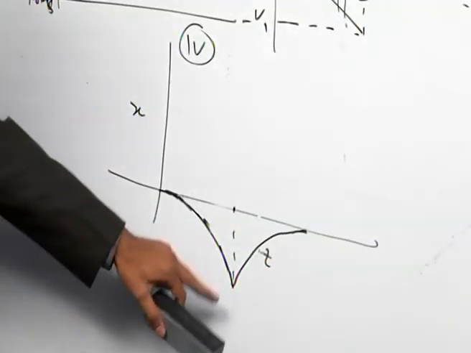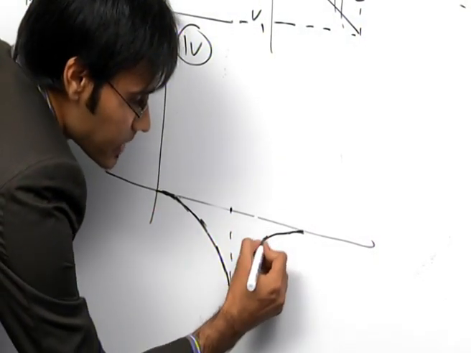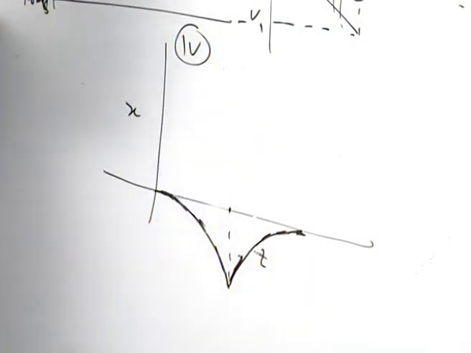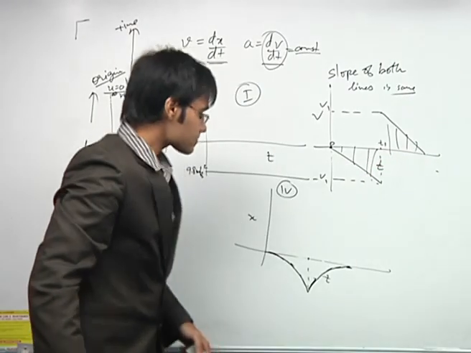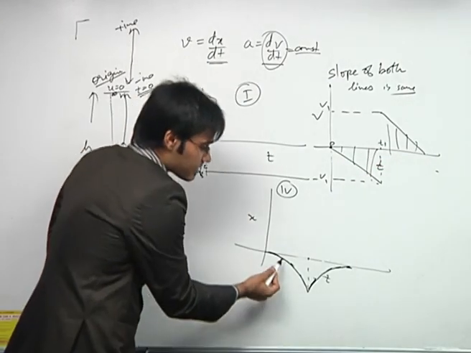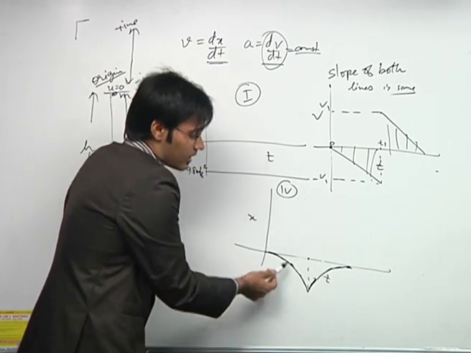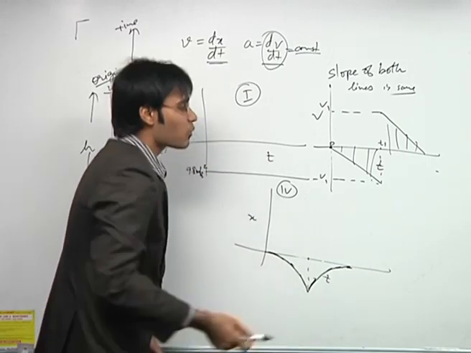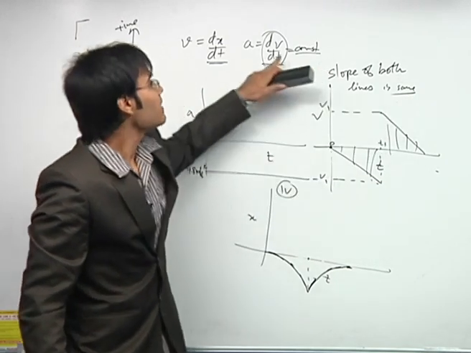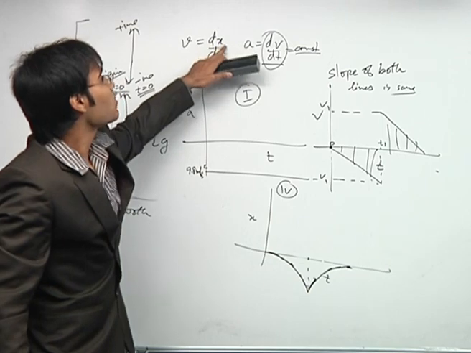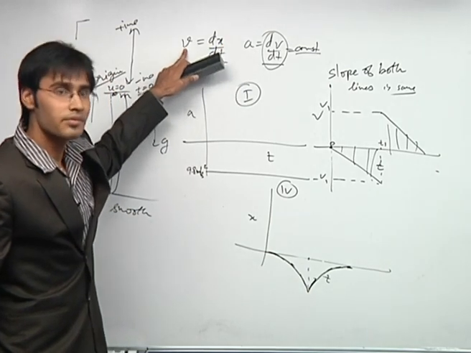And as you can see over here, initially the slope is steepest and it is getting less and less steep. Finally it is getting to 0, and it should be, right? The other thing is, the slope is actually changing from negative to positive, and that should be because velocity is changing from negative to positive, and the slope of the xt curve gives us velocity.